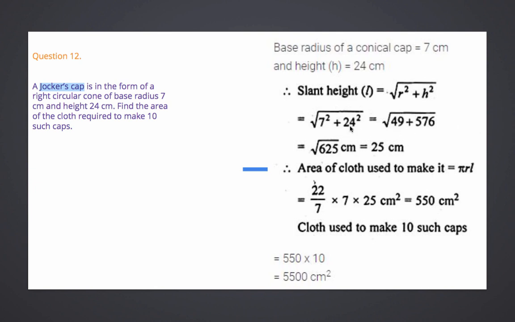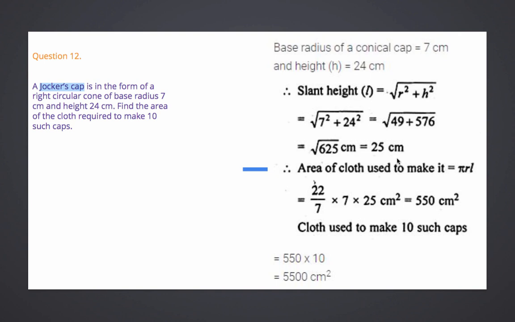For the last 3 questions we have been calculating 24 square only, so now I don't think there is any problem. Rather, up till 30 learn the perfect squares and the squares of numbers. Okay. So, 24 square 576, add the two, 625. What is the square root of it? 25 centimeters.